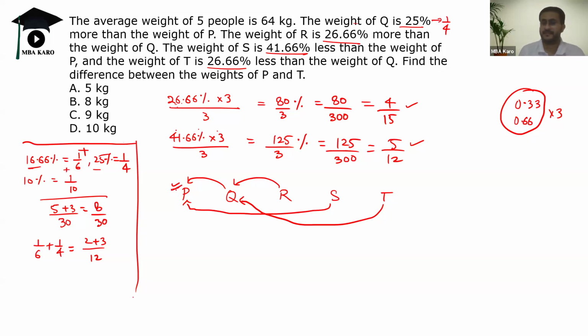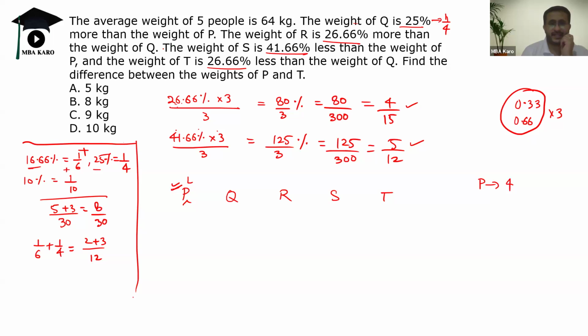P is the base variable that we will take. For P we are considering 1/4 more. So we could take P as 4x. Another thing, for S, 41.66 is a multiple of 12 also.